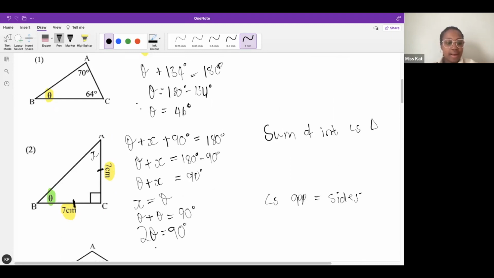Okay, and then we divide by 2, ma'am. Therefore, theta is equal to 45. Beautifully done, Oratile. I love it. Oh my goodness. Thank you very much, Oratile.